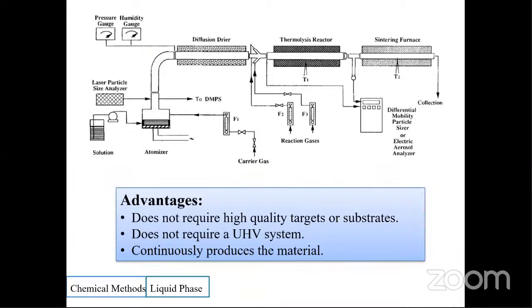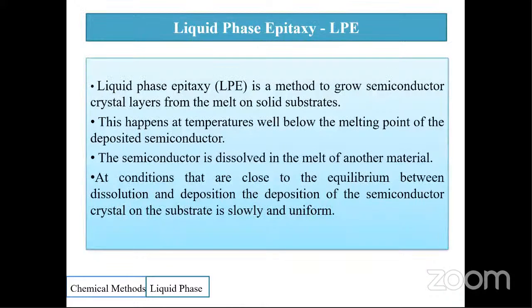You can see here a diffusion dryer, thermolysis reactor, sintering furnace, and then atomizer and carrier gases. The carrier gas is sent through the mass flow controller, and we can get the deposition. The advantage of this technique is that it does not require high quality targets or substrates. It does not require an ultra high vacuum system, and it continuously produces the material.